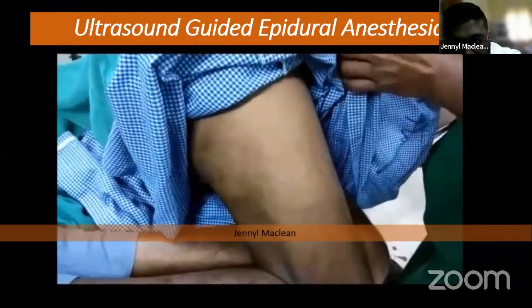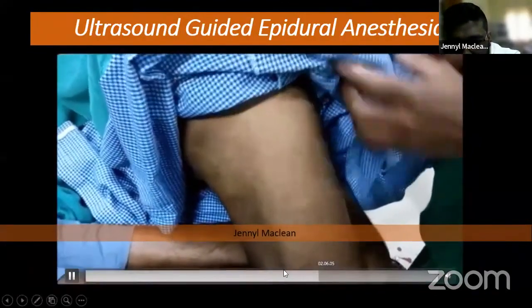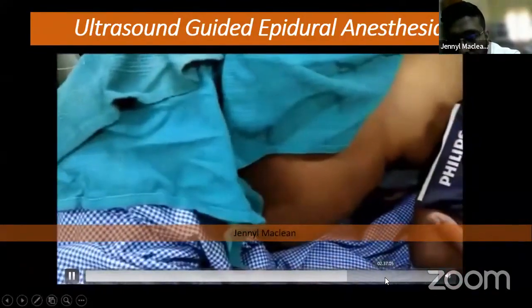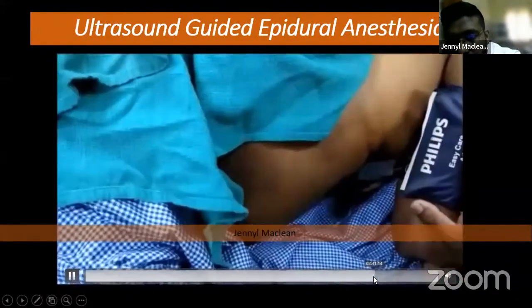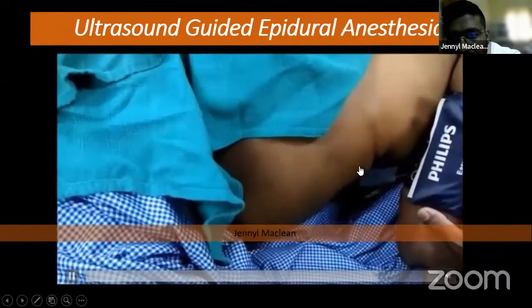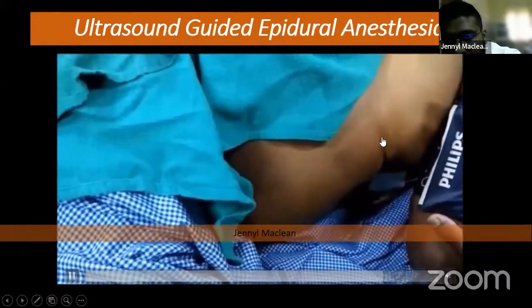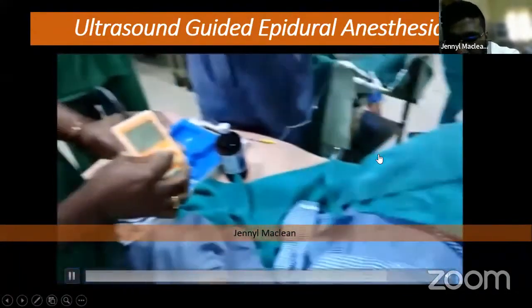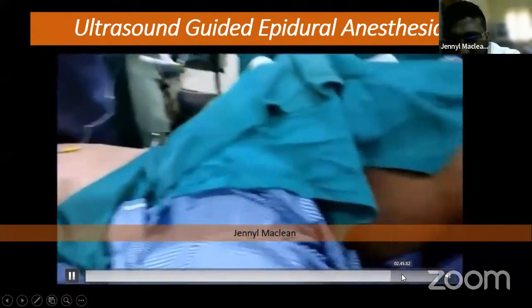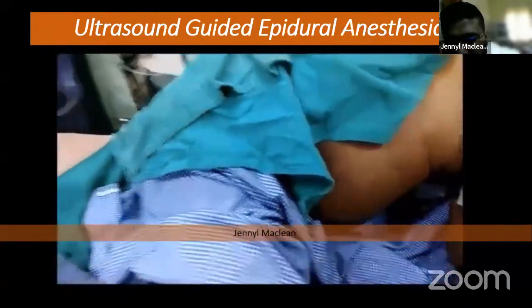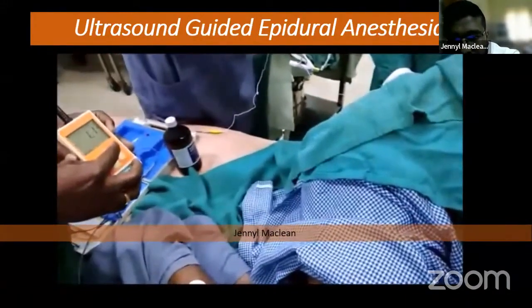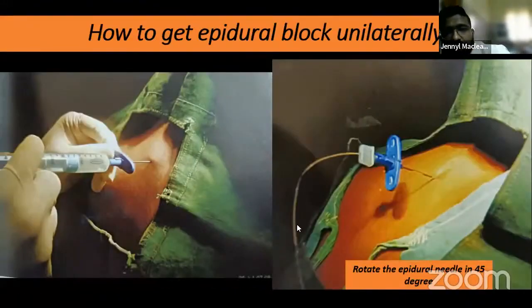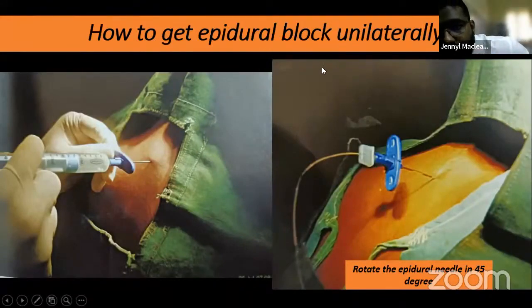Now you have a stimulation of your lumbar nerve roots. As you go up, you will be able to see the stimulation of your abdominal muscles. At that desired place, you stop threading the catheter, fix the catheter and go on proceeding with the surgeries. There is another technique, which is called epidural block unilaterally.